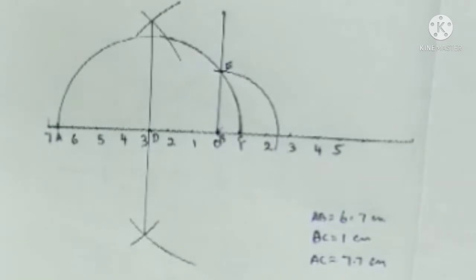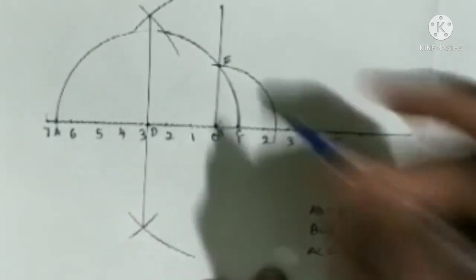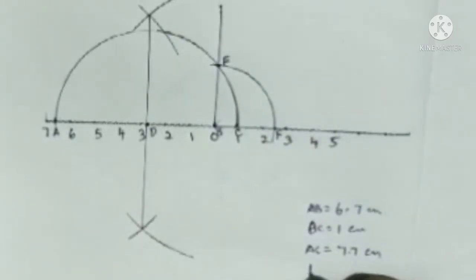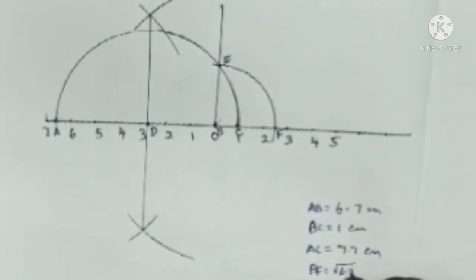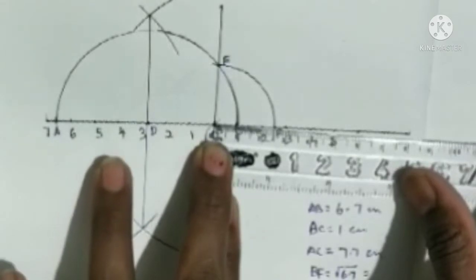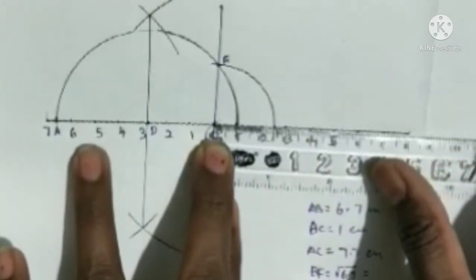Then that point of intersection, you can mark F. Then measure that BF. That is the root of 6.7 value. So measure that. That is 2.5.